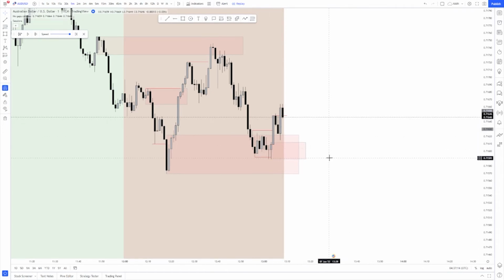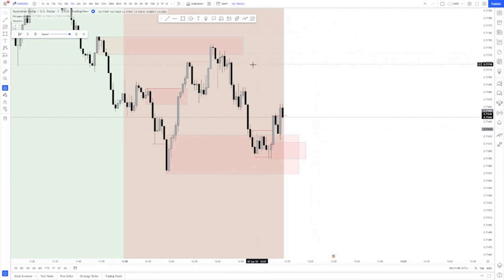This is an example of what we refer to as the inducement model, such that the second OB that led to the break of structure, that led to the second break of structure, which happens to be this, becomes the inducement order block, meaning price will have to violate the second OB to come tap the first OB.